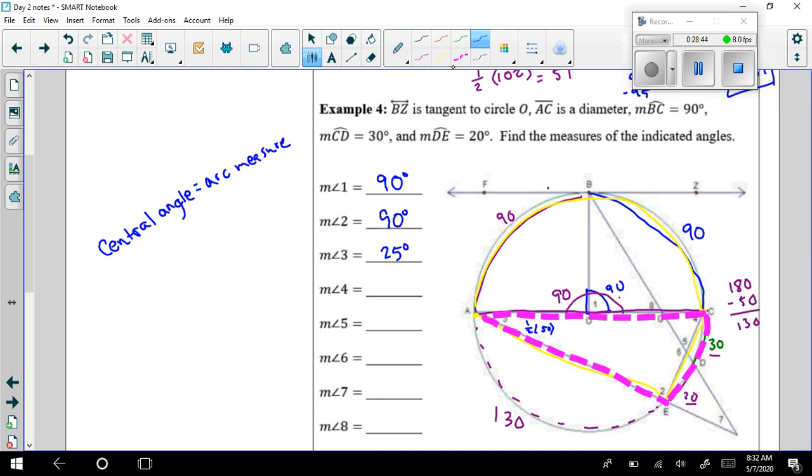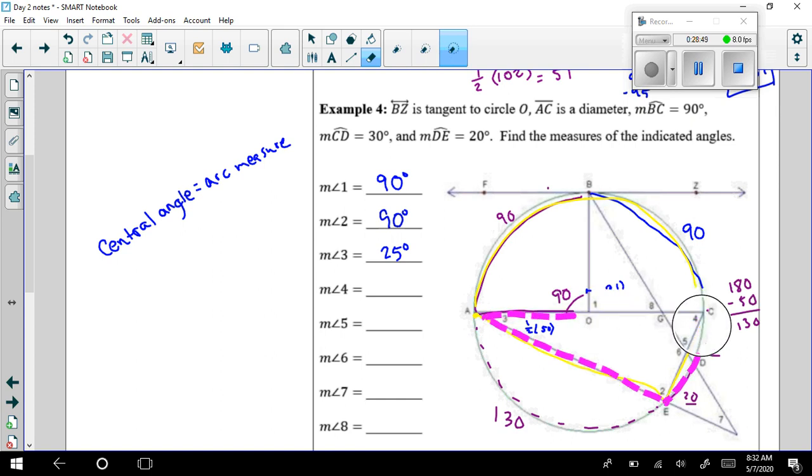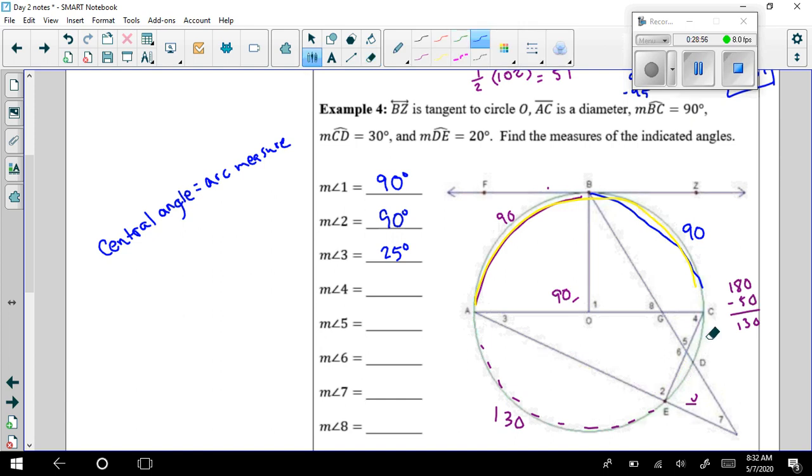Let me erase some of my markings here. So angle 4 goes from here to here. That's half of 130. So that's 65.